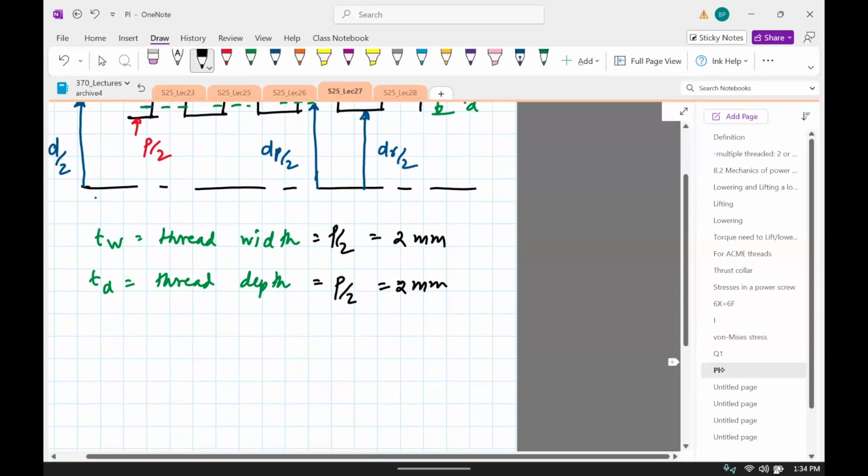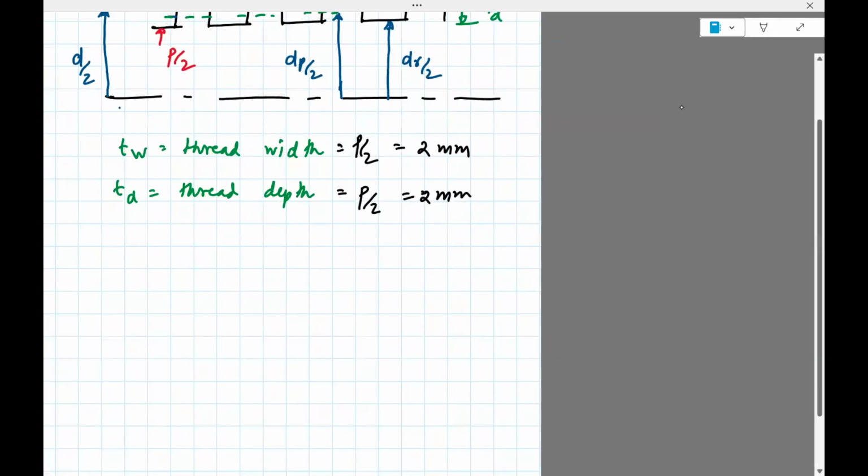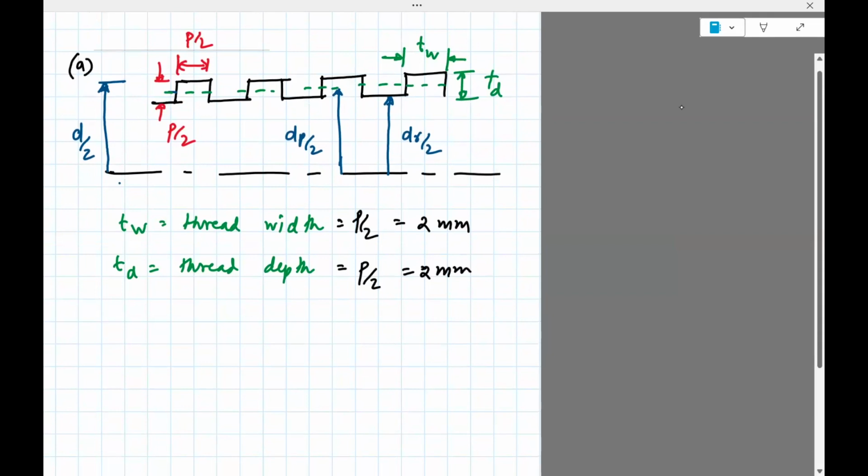Pitch diameter. So the pitch diameter also happens to be the minor diameter. No, sorry, the mean diameter. Pitch diameter is the same as dm, which I've called dp here.